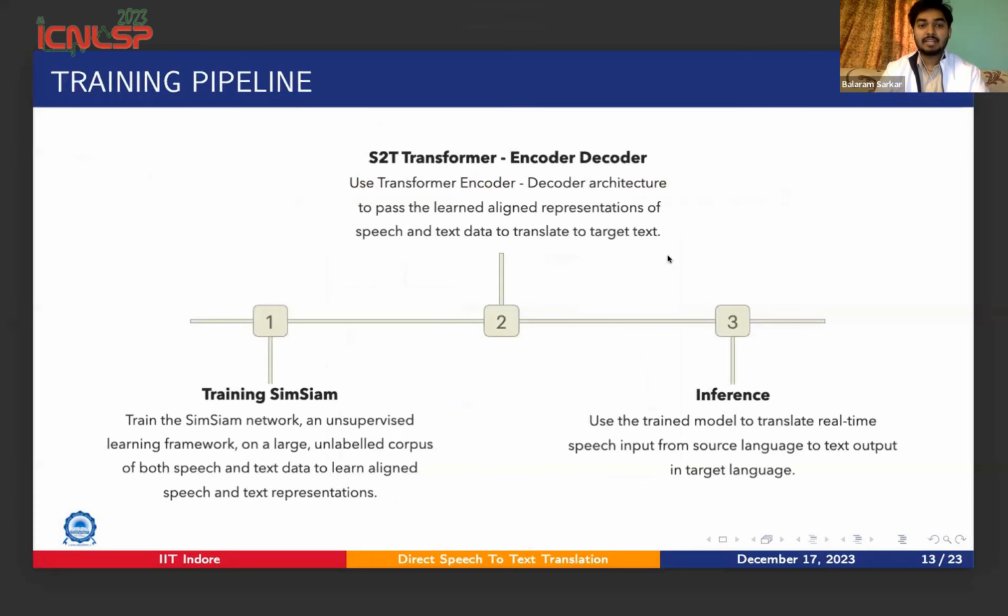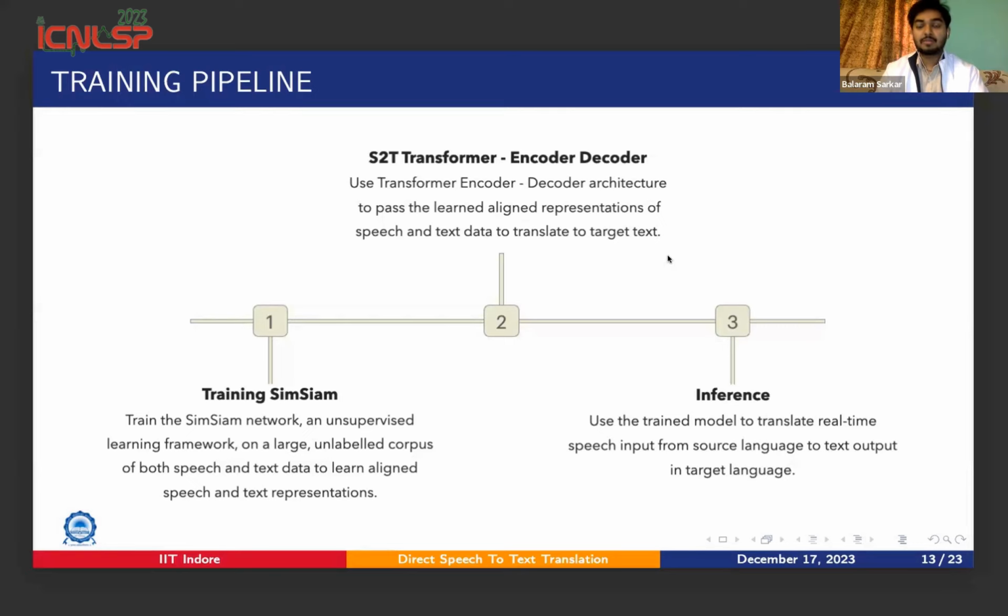So this is the first stage. The whole pipeline is, first we train the SimSiam network, which is an unsupervised framework, on the unlabeled corpus that we have, to learn the aligned speech and text representations. Then we use these representations and perform speech to text translation using the speech to text transformer model.